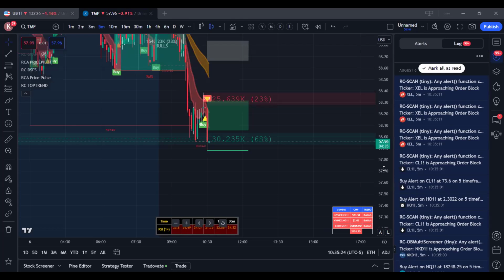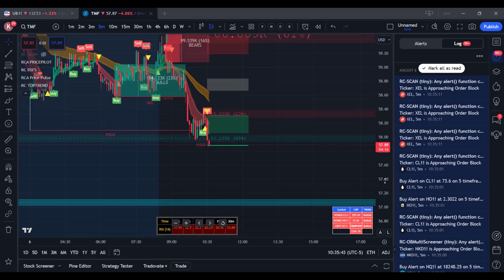That's why we are waiting to enter at the right time. We waited, right? Because both the clouds are orange and red.